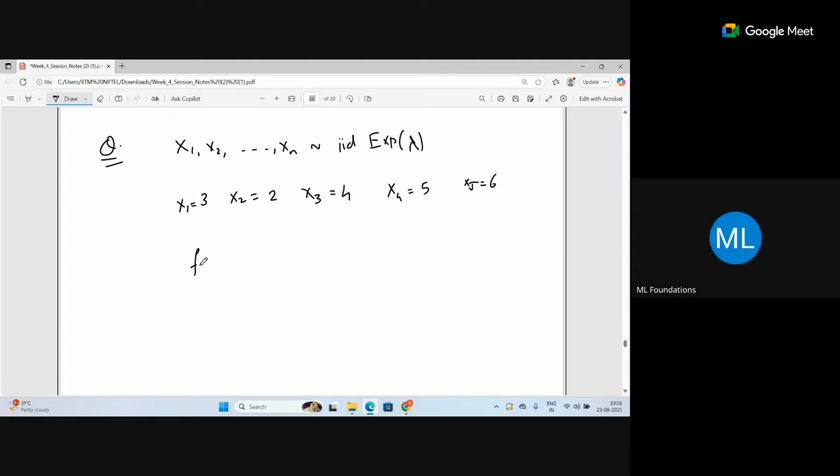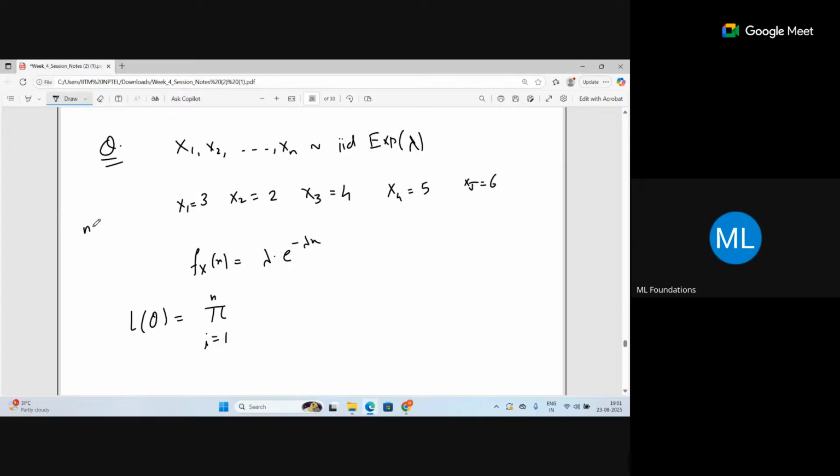What is the PDF of this exponential distribution? Lambda e to the power minus lambda x, right? The likelihood will be the product over i from 1 to 5 in this case, but I will do the generalization. I'll find the general formula and then plug in the values.